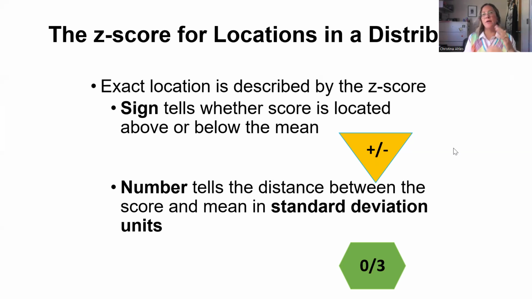If I have a mean of 50 and my raw score is 60, the sign of that z-score is going to be positive because 60 is greater than, or to the right of, the mean. The number just tells you the distance between that score and the mean in standard deviations. So the distance from the mean to the raw score in standard deviation units is what that tells you.